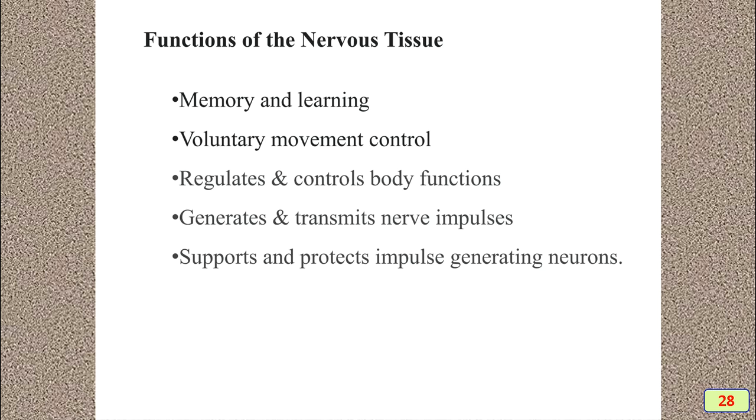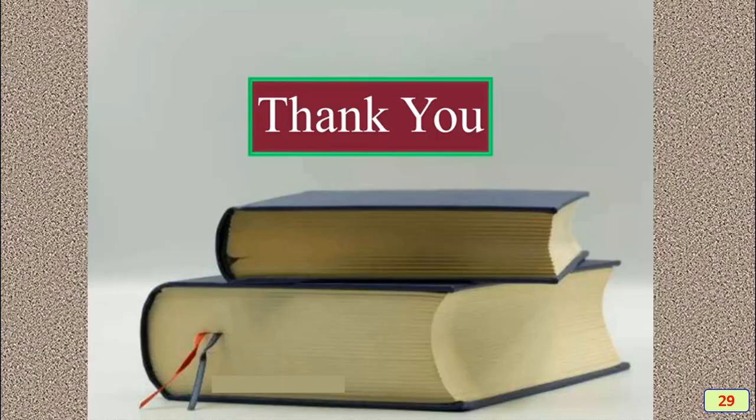It regulates and controls body functions. Apart from this, it regulates and transmits nerve impulses, then supports and protects impulse-generating neurons. These are all specially derived cells in the body, and the nervous tissue consists of different parts of the nervous system.